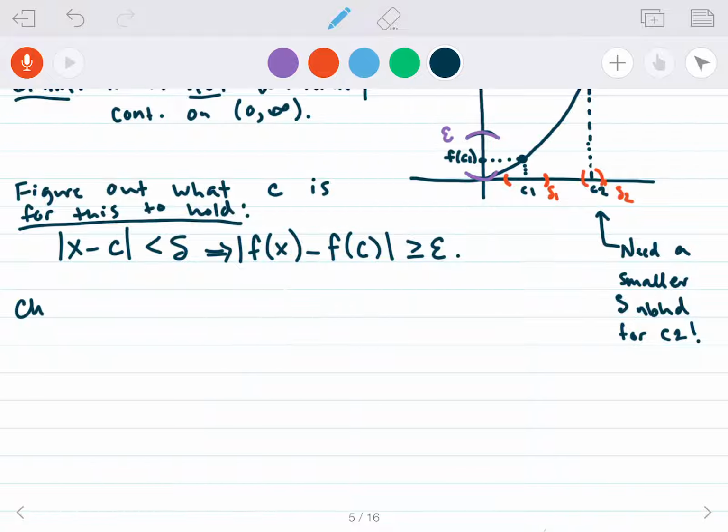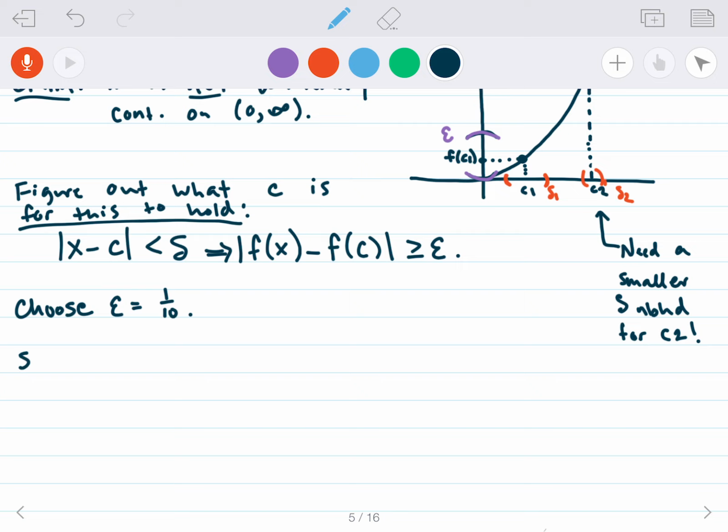I'm just going to pick a random epsilon. We're going to choose epsilon equals 1 over 10, and I'm going to do some scratch work to see what c needs to be for this to hold. Because if this holds, then it's not uniformly continuous, right?